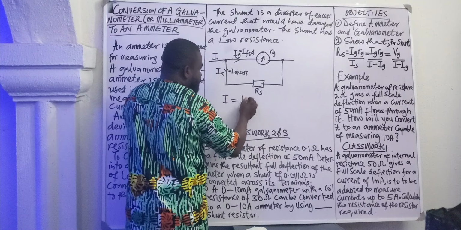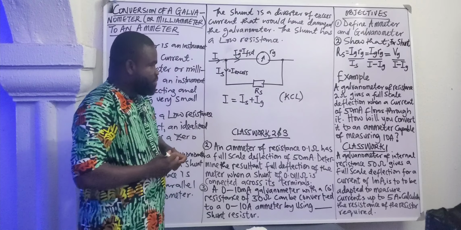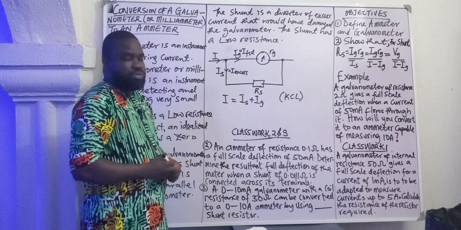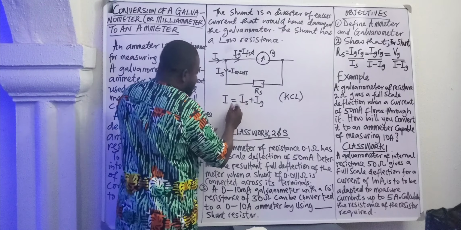The sum of the current that enters a node is equal to the sum of the current that leaves the what? The node. So I enters this node, while Ix and Ig leave the node. So if I'm looking for Ix, I can make Ix equal to I minus what? Ig. So anywhere I have Ix later, I can substitute I minus what? Ig.